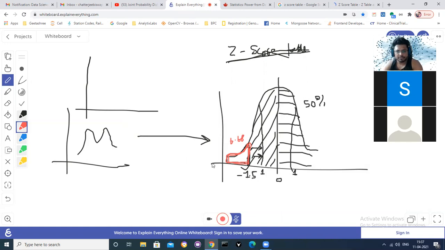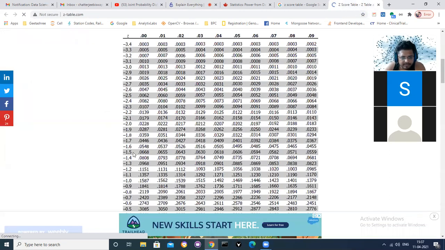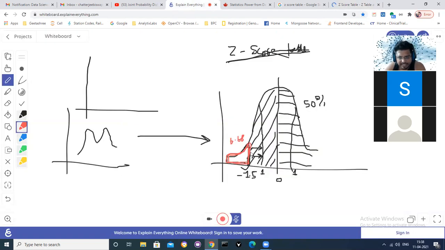Okay. So the Z-score table tells us that at minus 1.5, it is 0.0668. If I multiply by 100, that is 6.68%. So this is 6.68%. This is 50%. What will be the value of this?